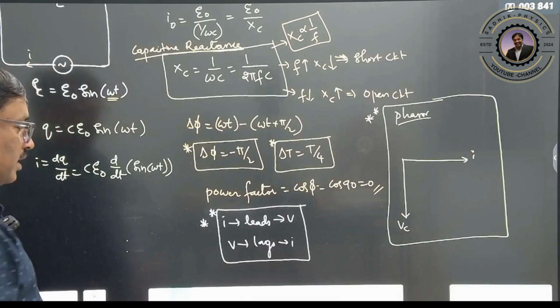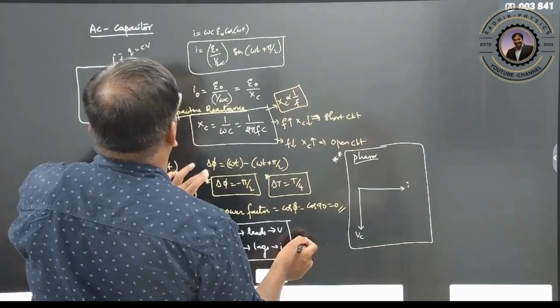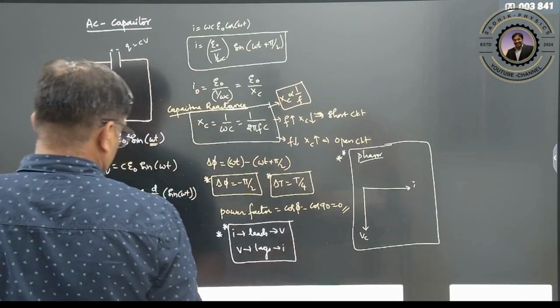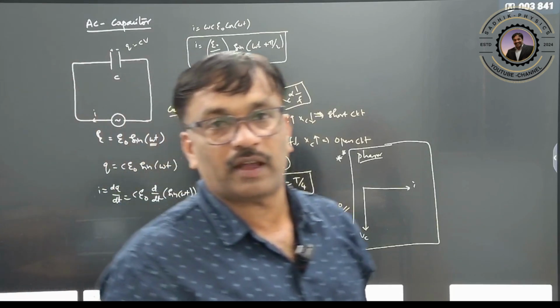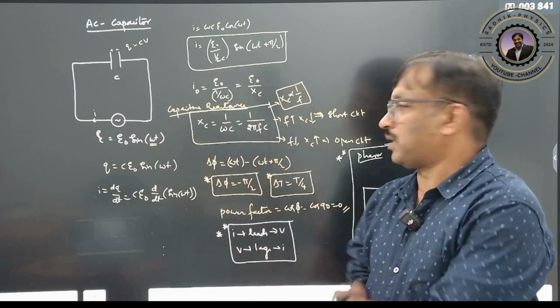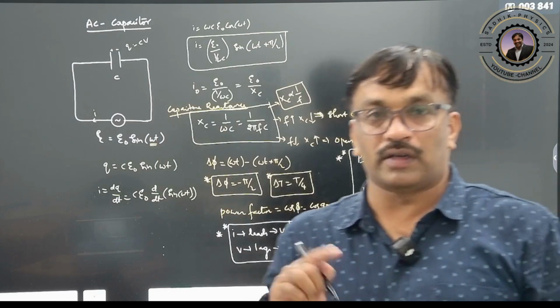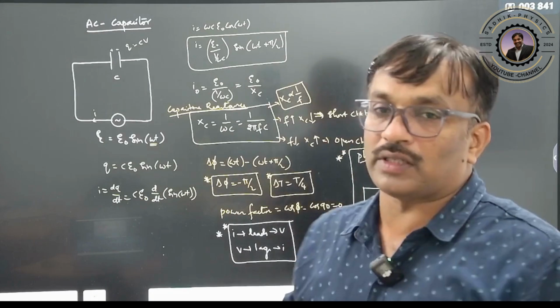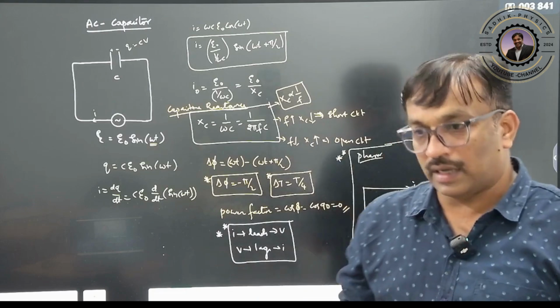So in this way you can apply alternating current across the capacitor. These are the applications of alternating current across the individual devices, like resistor, capacitor and inductor.